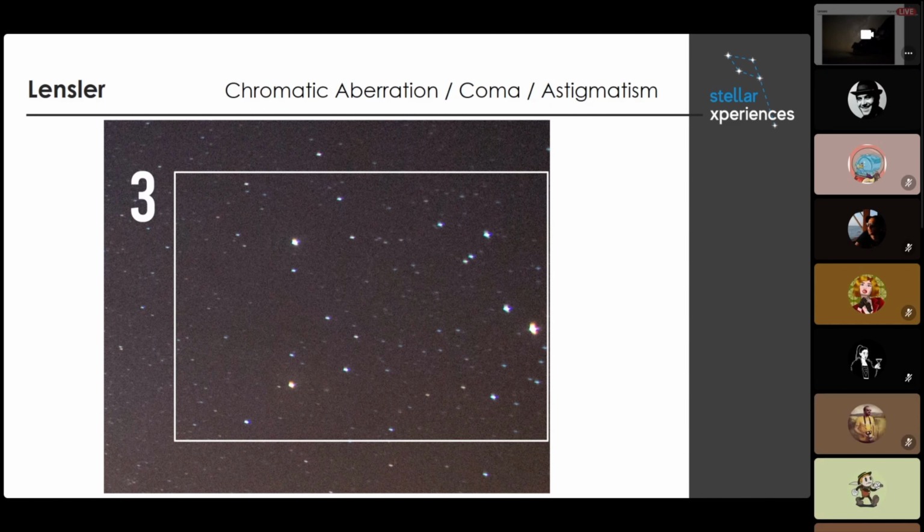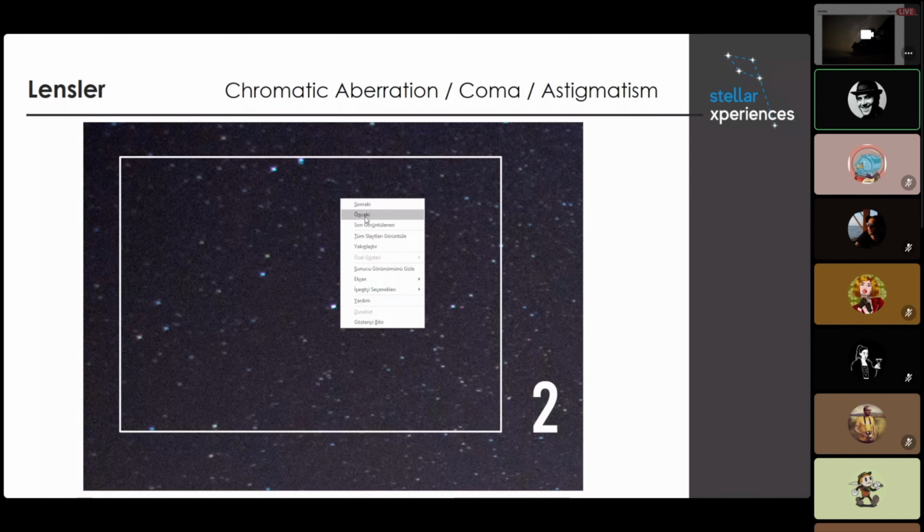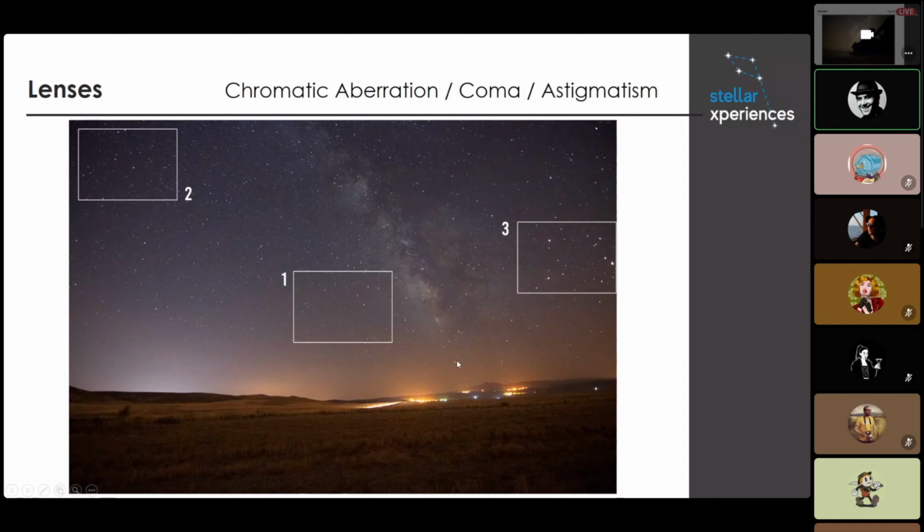But on the other hand, when you're looking at the whole picture, if you're not pixel peeping, you could see a little bit of stars that look like they shouldn't look like here or here. But for instance, in the second picture, remember, there was still a little hint of some aberrations.